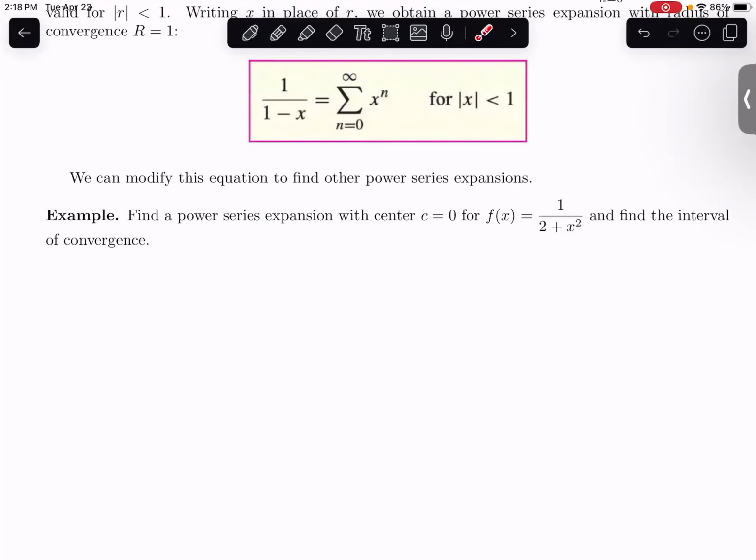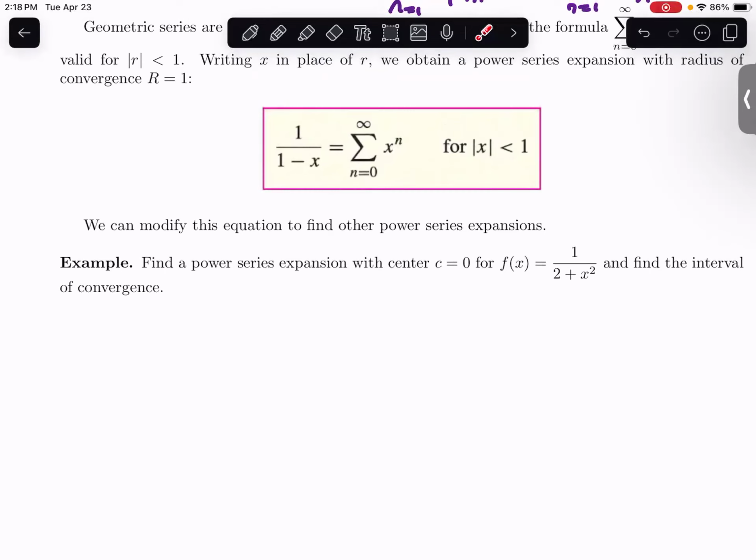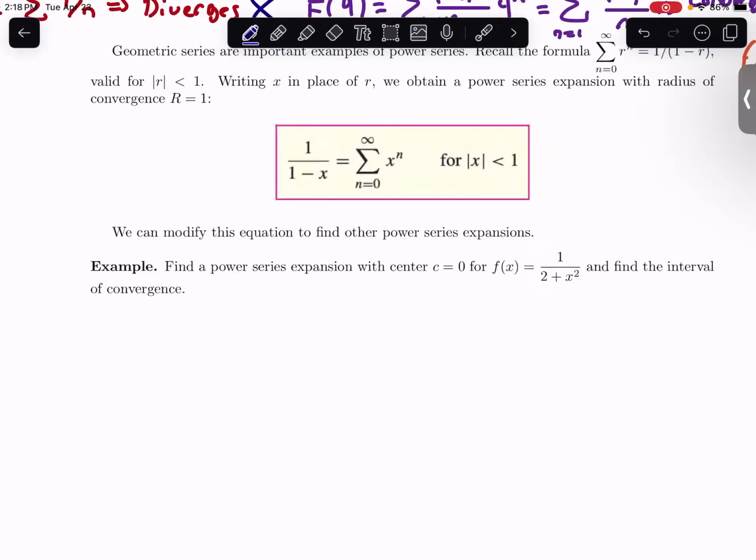What we're going to want to do in this situation, and you'll have some homework problems where you need to do this, is take this 1 over 2 plus x squared and transform it into something of the form 1 over 1 minus x. It's kind of vague the way I worded it.